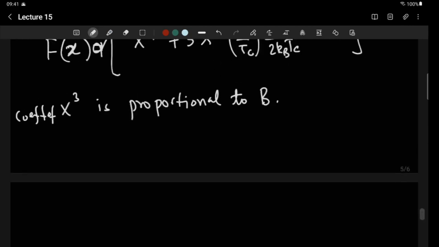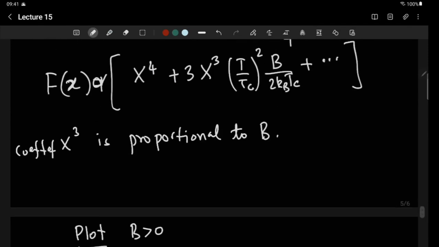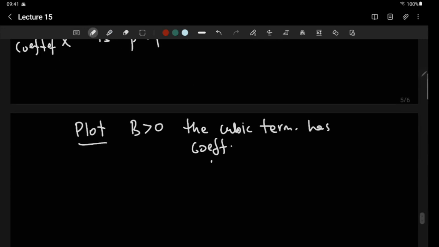So now let us plot. Let's take b greater than 0. It's not just non-zero. Okay, and look at this. The f of x, the cubic term, has coefficient which is greater than 0.